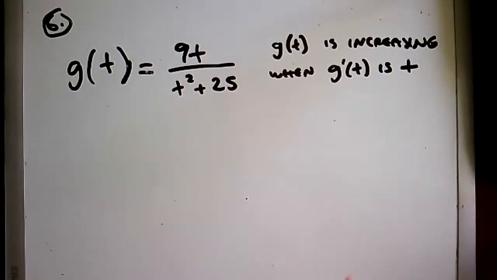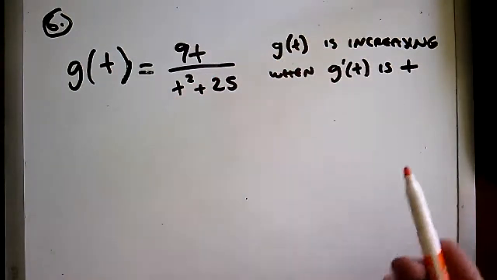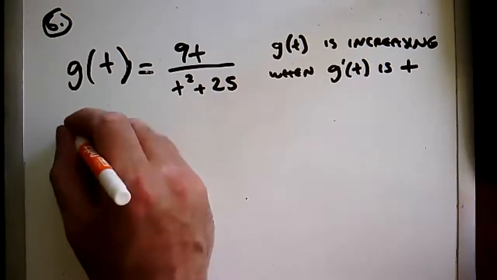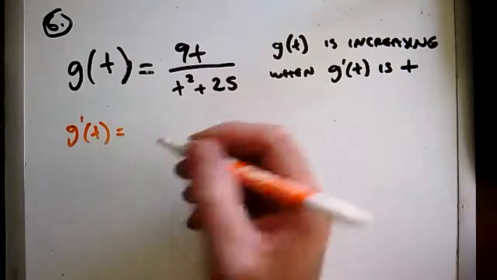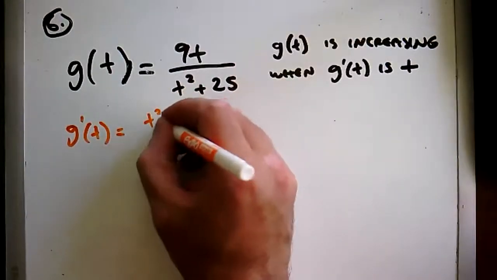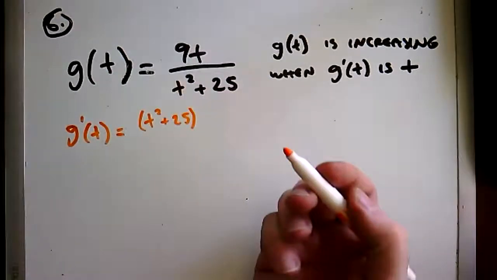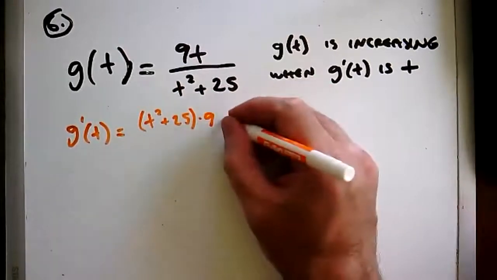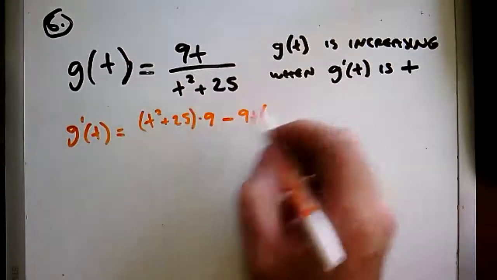Now this function is a rational function, 9t divided by t squared plus 25. And so we're going to have to use the quotient rule to find g prime here. So g prime of t, using the quotient rule, is low d high: t squared plus 25 times the derivative of the top, so times 9, minus high, so minus 9t, times the derivative of the lower function.